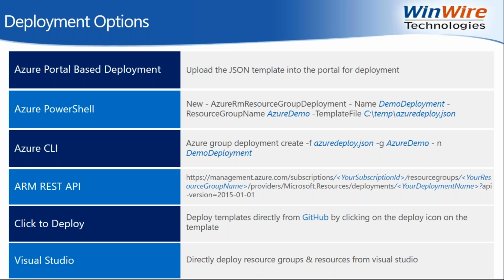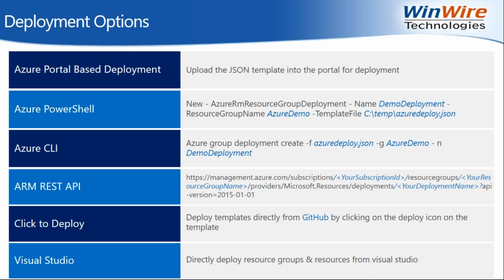The next one would be the Azure PowerShell, wherein we will be using the cmdlet New-AzureRmResourceGroupDeployment, followed by the name of the deployment, the Azure group name, the resource group name, as well as the template file, which we would be deploying onto the portal.